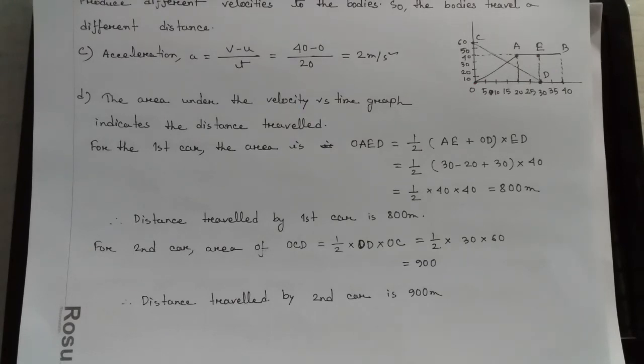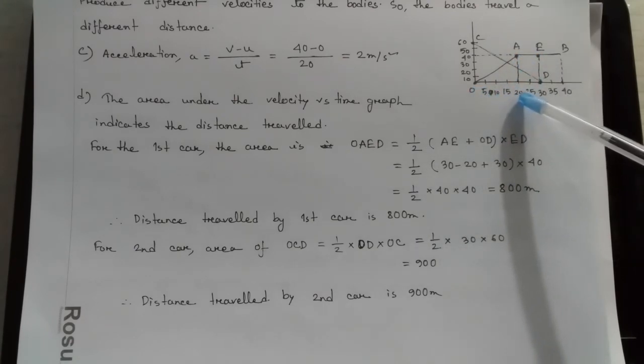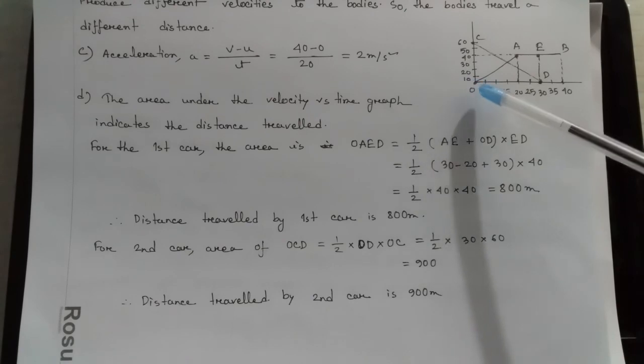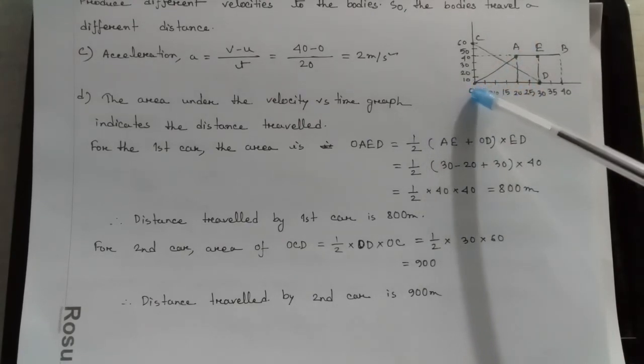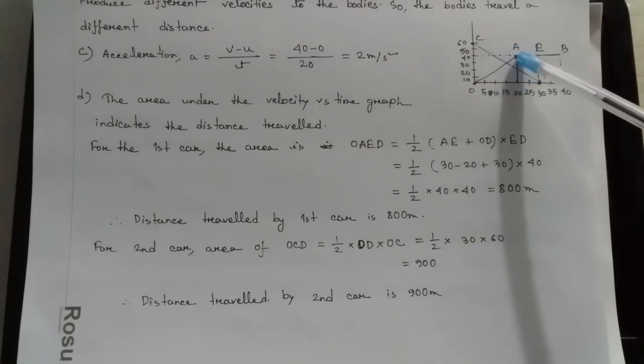From the x-axis we get the values of time, and from the y-axis we get the values of velocity. If you follow this line OAB, the velocity is rising for the first 20 seconds, and within this time the initial velocity starts from 0, and the final velocity ends at 40 meter per second.